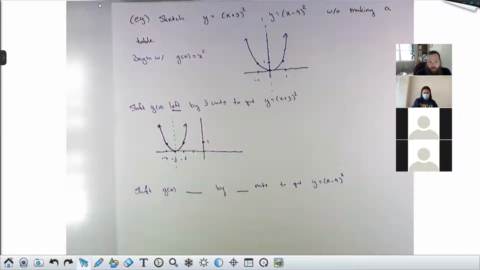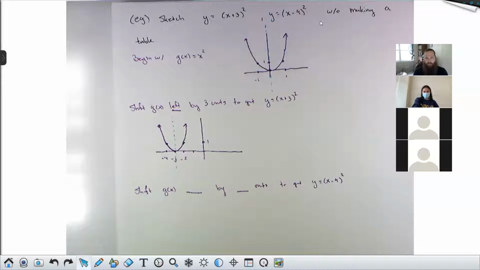I got a good message in chat there saying the parabola starts at 4. I caution you against using language like that, like saying the graph starts at this or that, because it's a little bit imprecise. But I think I know what you're thinking, and I think you're correct. But let's be a little bit more precise. What exactly should I do to every point on this graph to turn that into the graph of this function?